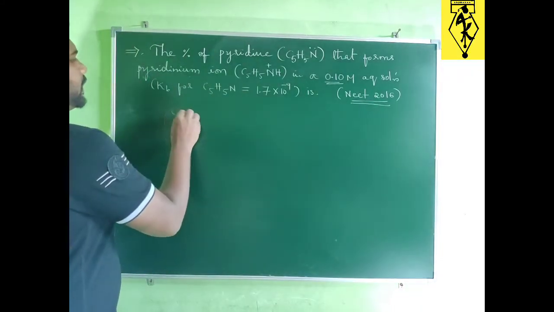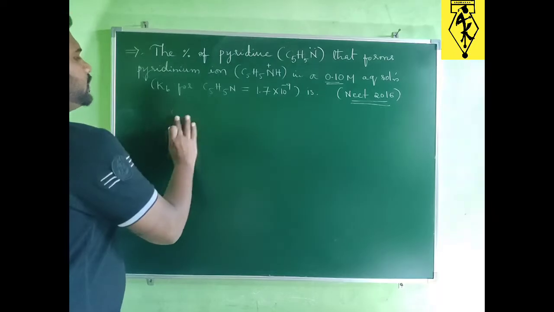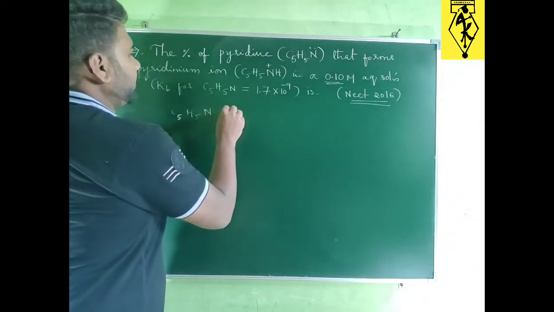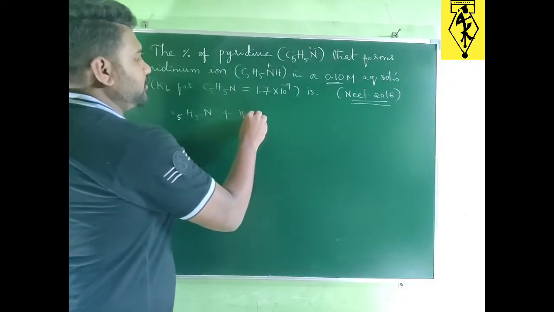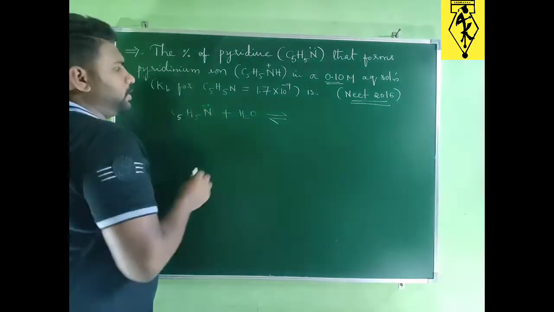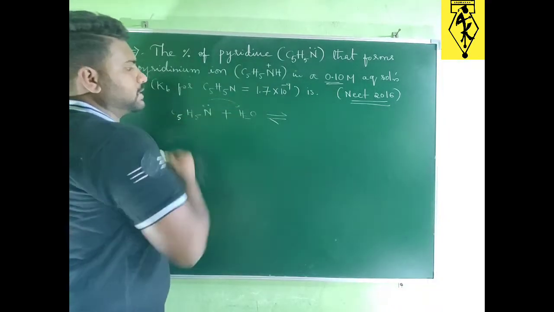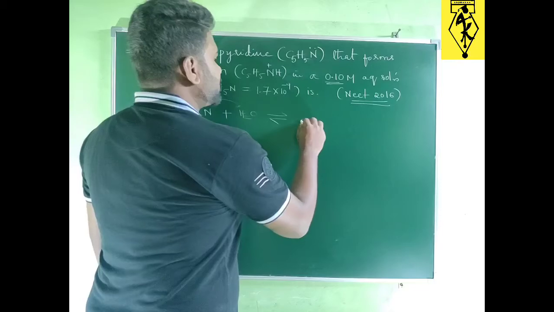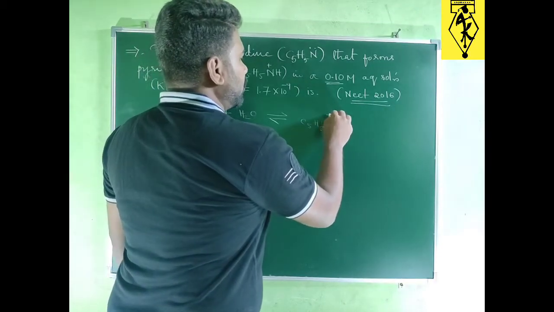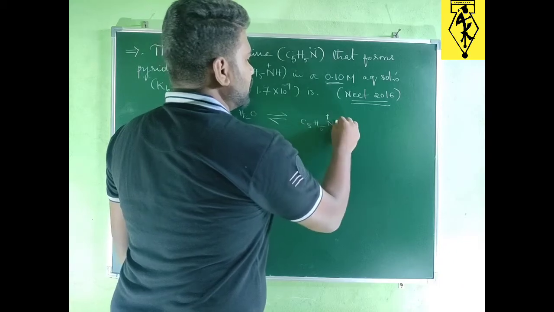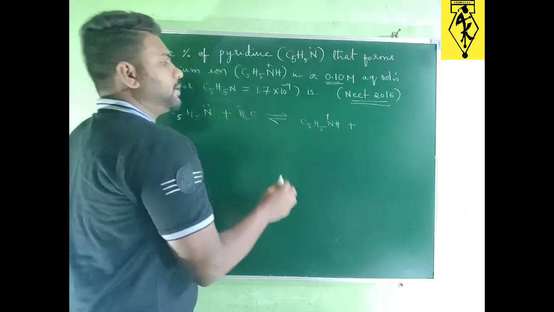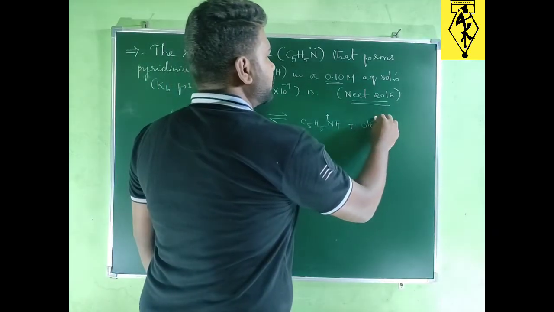So that is pyridine they have given, C5H5N, in aqueous solution. This nitrogen lone pair will abstract H plus and it becomes pyridinium ion, C5H5NH plus, and OH minus.